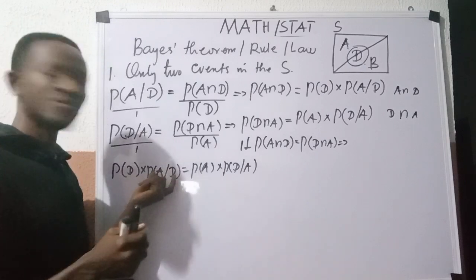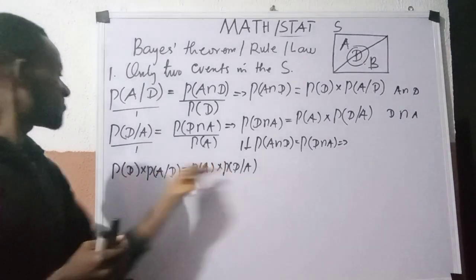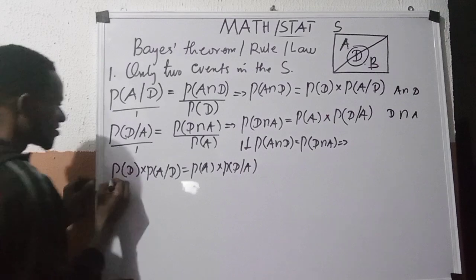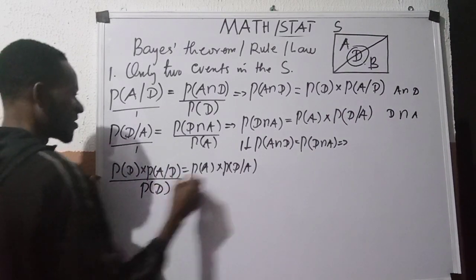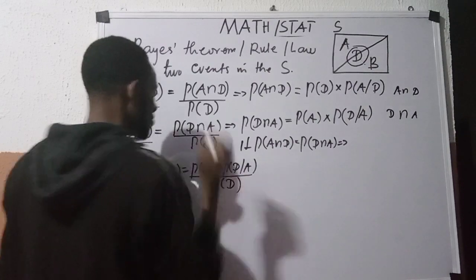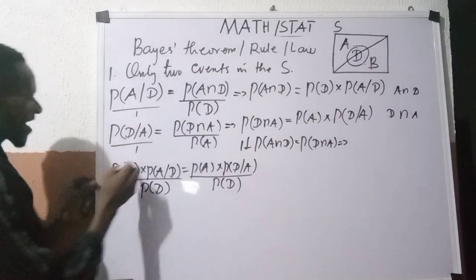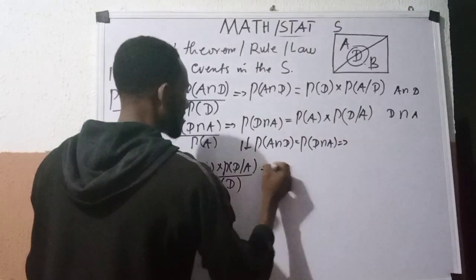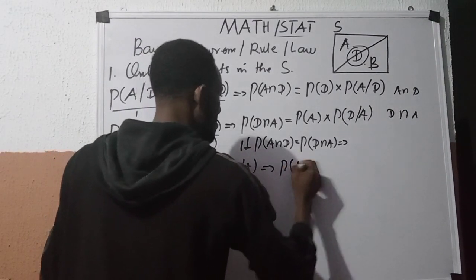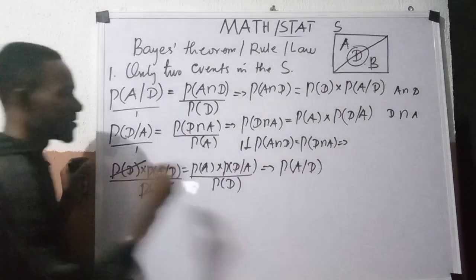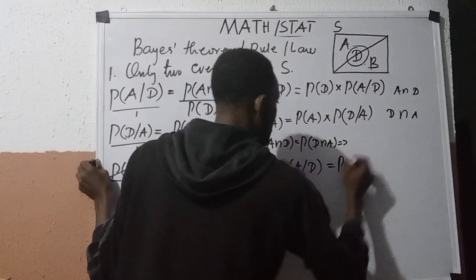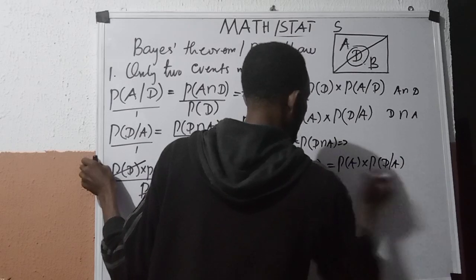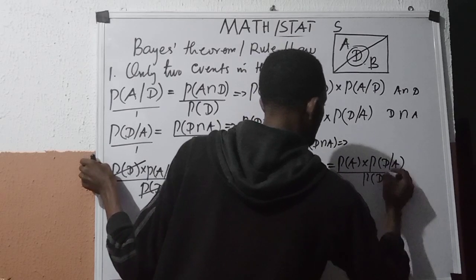To make this quantity stand alone, we divide both sides by P of D. If I cancel this and this, what remains implies that P of A given D is equal to P of A multiplied by P of D given A, all over P of D.